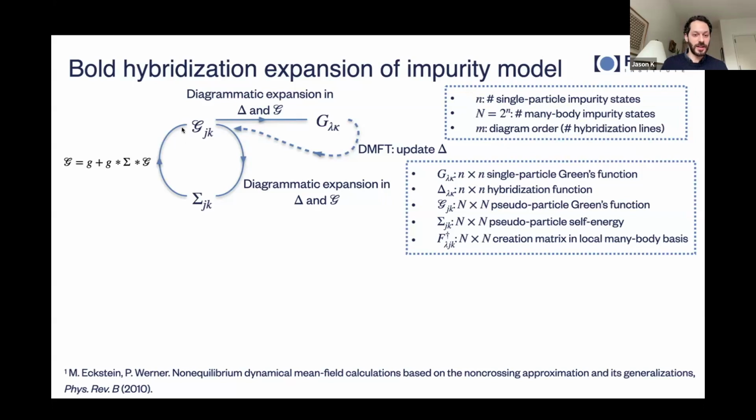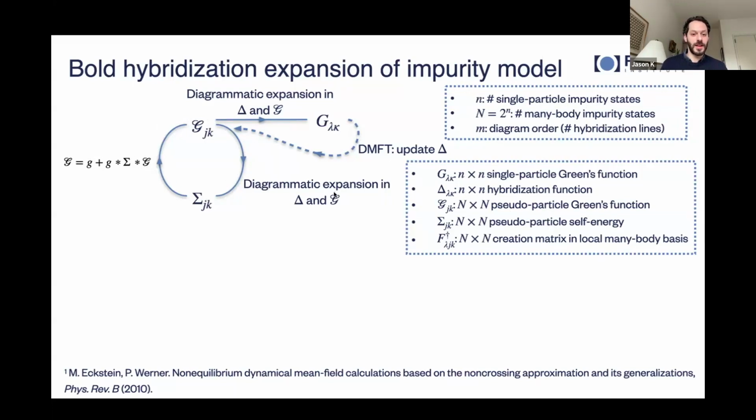And these objects, calligraphic G and sigma, are capital N by capital N matrices. There is a so-called pseudo-particle Dyson equation, which relates them. This little g is the non-interacting Green's function in the many-body space of the impurity. And you have to solve this Dyson equation self-consistently to obtain these.